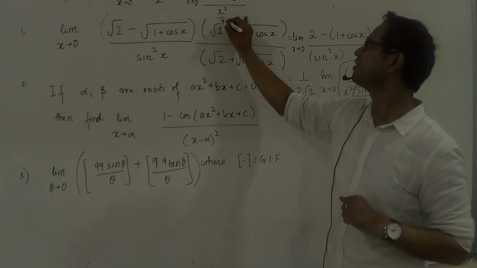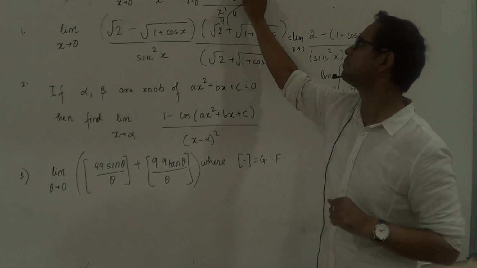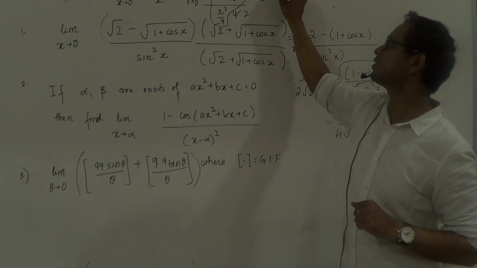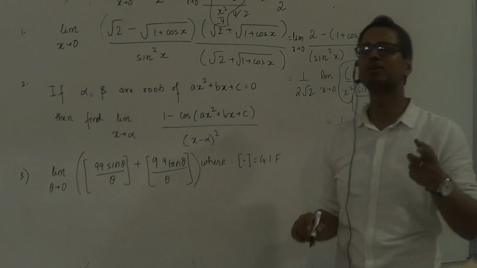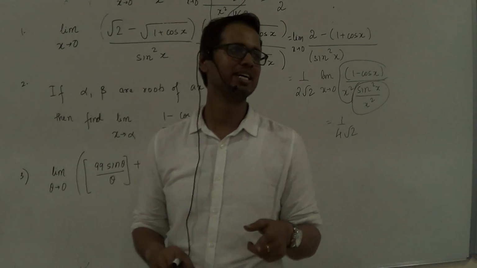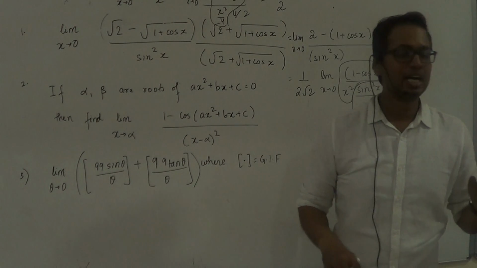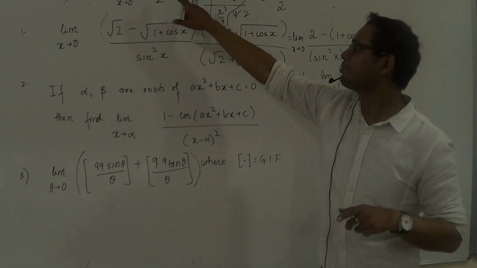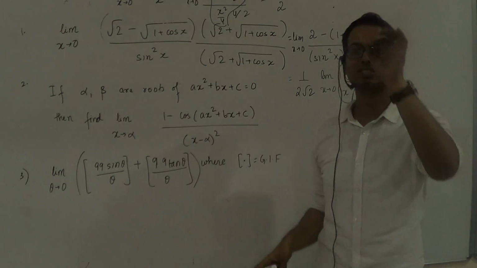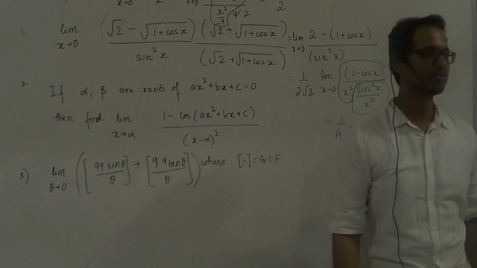So multiply and divide with 4 so that this becomes 1. And 2 and 4 will cancel each other to give you half. Going forward, I would suggest remembering this because it comes at so many places. At the same time, you should also remember that 1 minus cos x by just x, as x tends to 0, will be 0. So be careful.